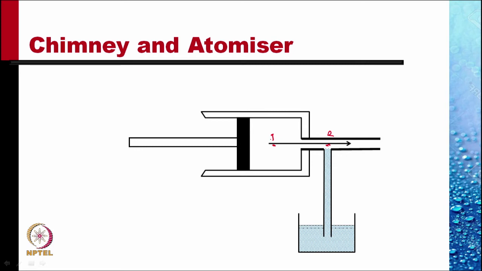But what is the pressure at 1? It is not atmospheric. So we cannot say the pressure at 2 is less than the atmospheric pressure. And clearly, this cannot be the explanation why the liquid rises up the tube. The Bernoulli would not explain.